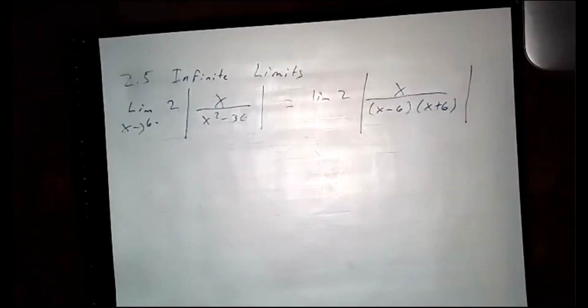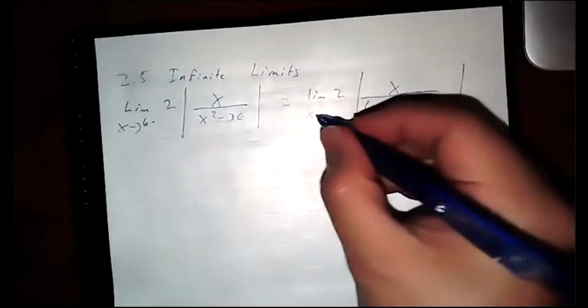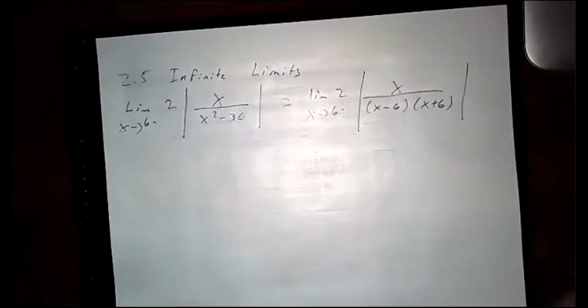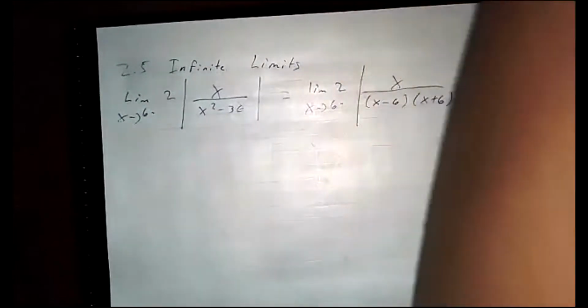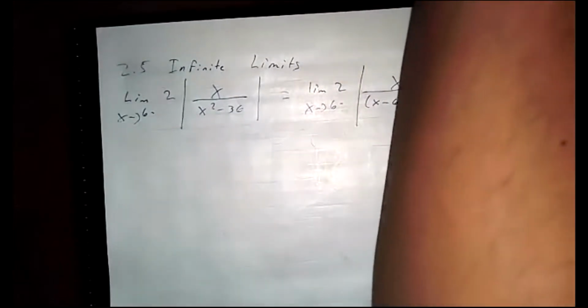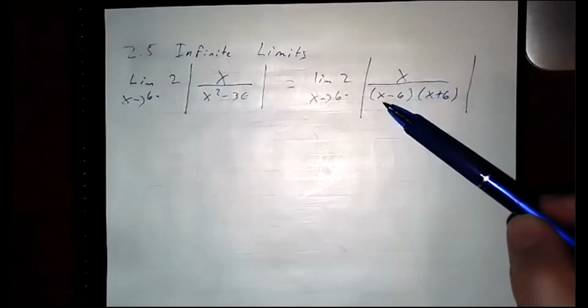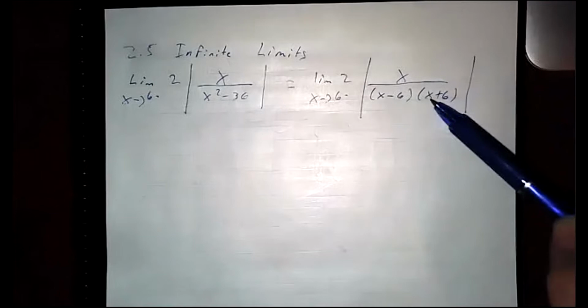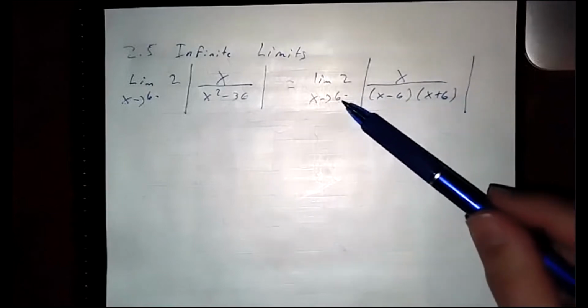So there's not much work to do here. I really do advise you graph this. So when you factor the bottom, because it's a difference of squares, you see that when x is 6, you get a division by 0. When x is -6, you get division by 0. So hence the limit at 6.